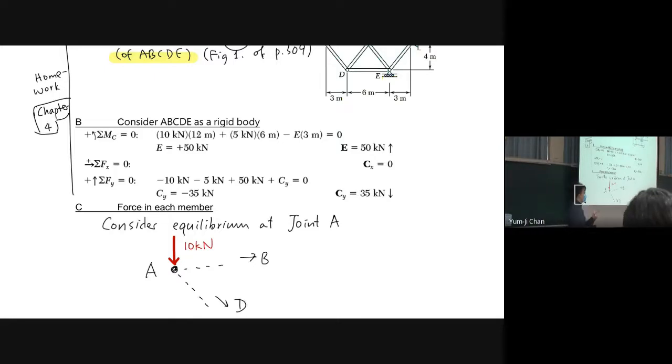Now remember what I said: these member forces are going away from the joint. So this is TAB, and this is TAD.